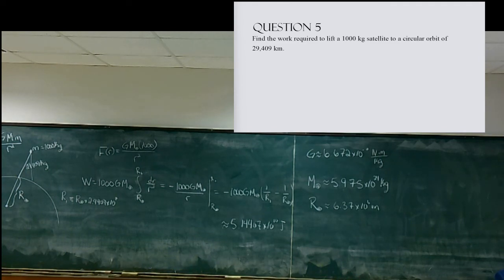Once you pass the event horizon, that's called the point of no return. As long as you're outside of it, you're fine. The thing's called the Schwarzschild radius. Once you cross that threshold, you're not coming back.